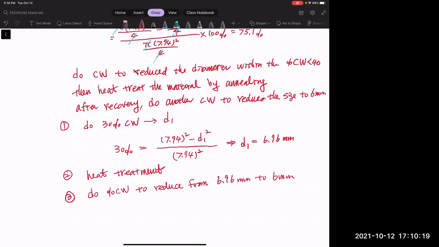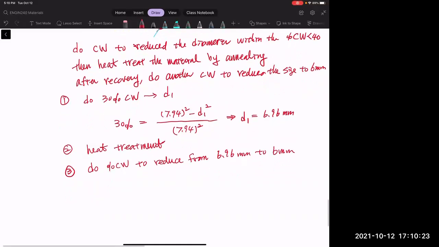All right, but this is not the end, because you also have to check if you do the cold work from 6.96 to 6, would that also go over 40% or not? If it's not, then it's okay. So let's find out what's the percentage of cold work if we do the reduction like this.